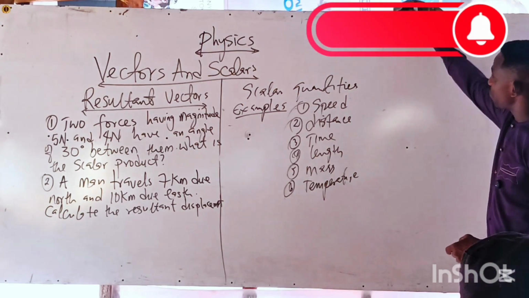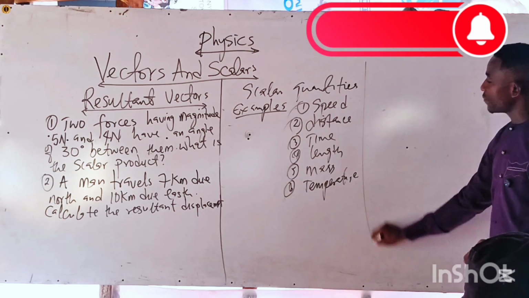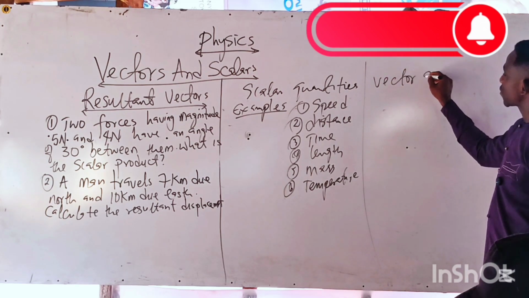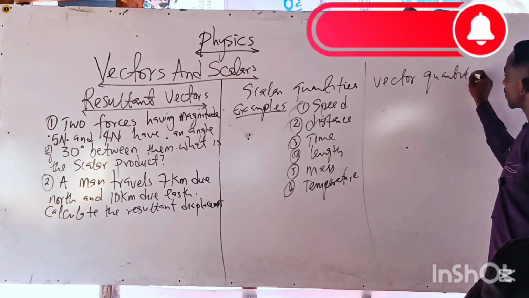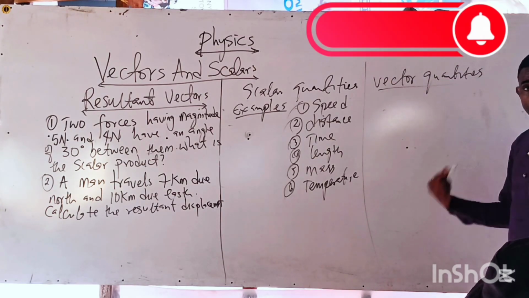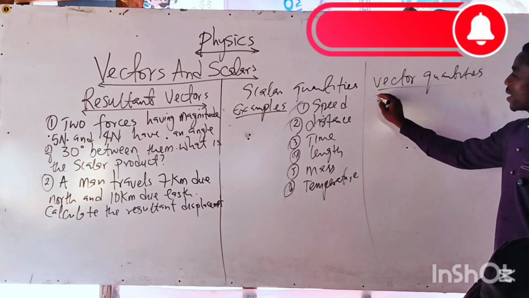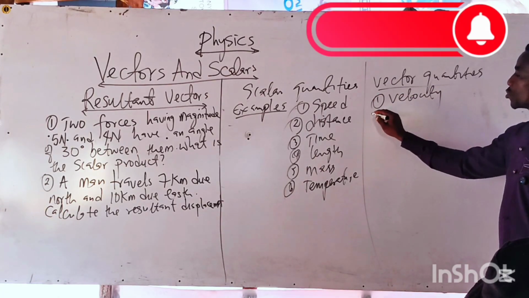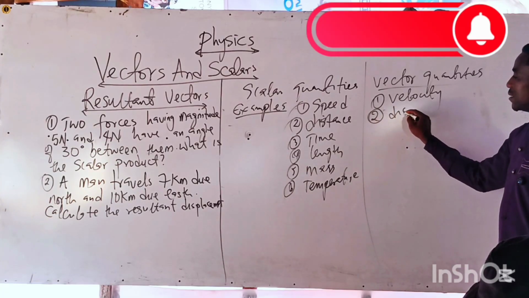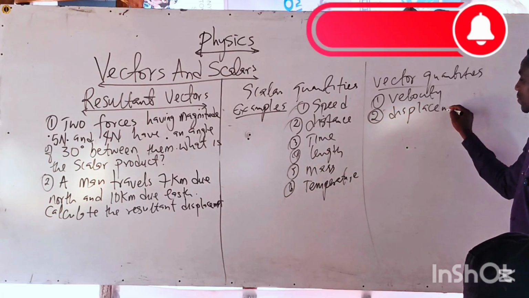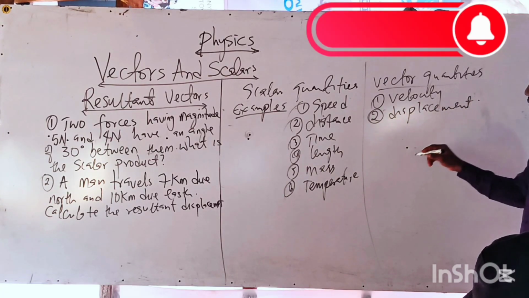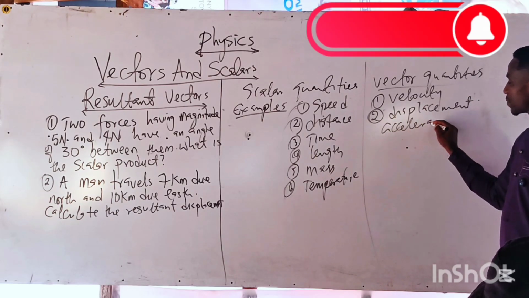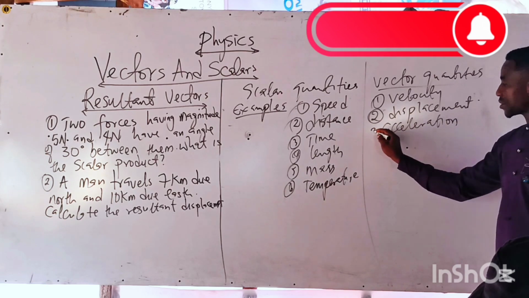Now, let's see examples of vector quantities. Examples are: one, velocity. Two, displacement. Three, acceleration.